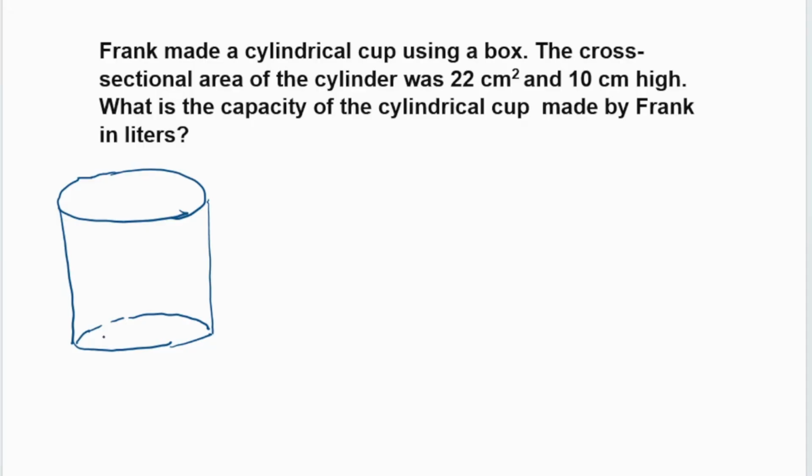Remember, the cross-sectional area of a cylinder is a circle, so the area of that circle is 22 centimeters squared.